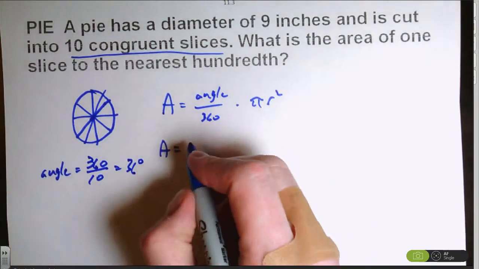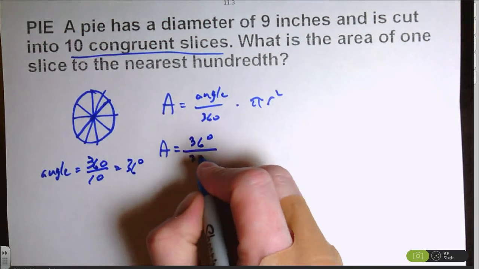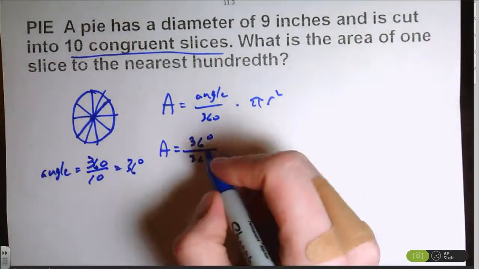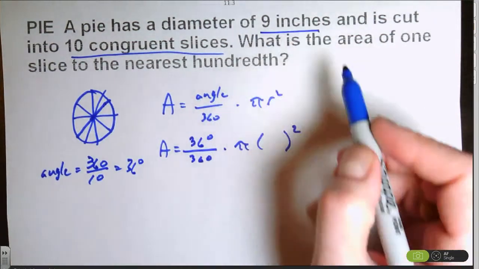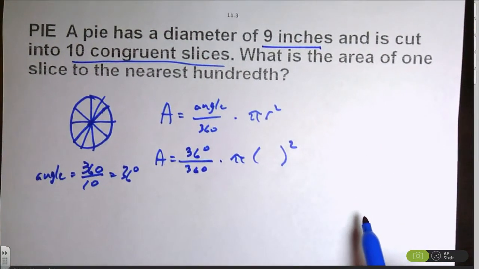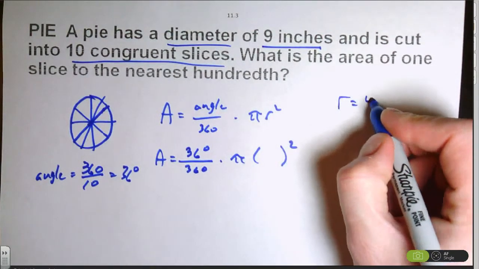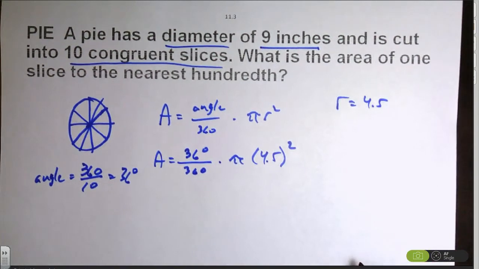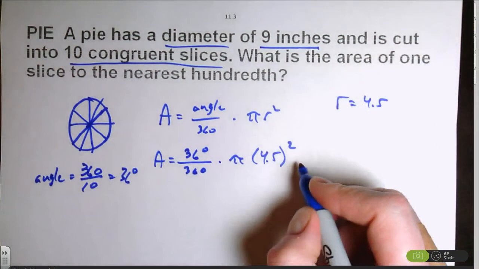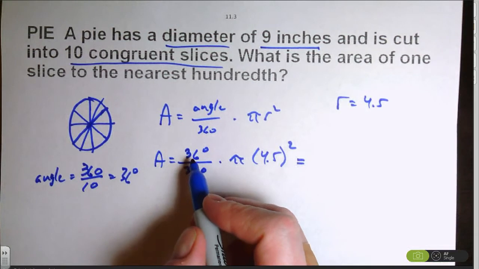So it's 36 degrees out of 360, times pi times r squared. Now, what might catch some of you is if you said this 9 is the radius. Diameter is 9, so the radius is 4.5, half of that. 4.5 squared.